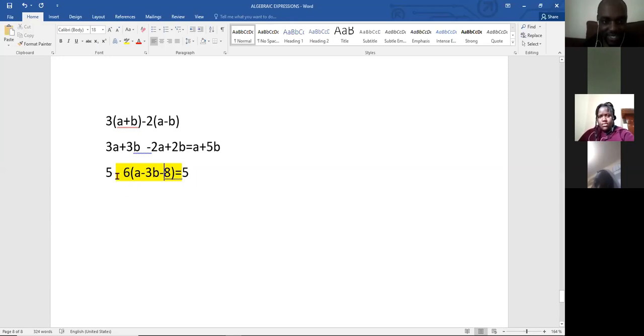So negative 6 multiplied by A is negative 6A. Negative 6 multiplied by negative 3B is positive, because negative times negative is positive. So 18B. Negative 6 multiplied by negative 8, the answer is positive, and in this case 48. So you come here and put the like terms together. The like terms are 5 and 48.